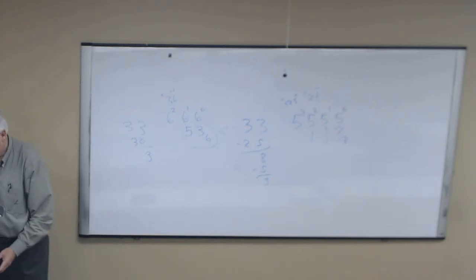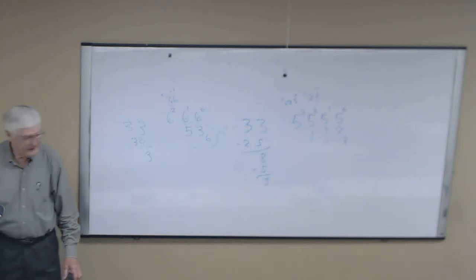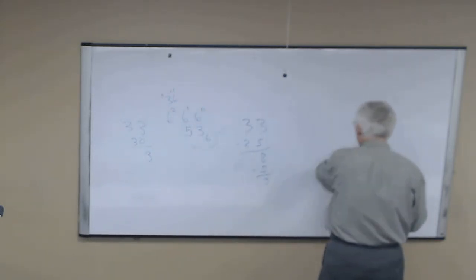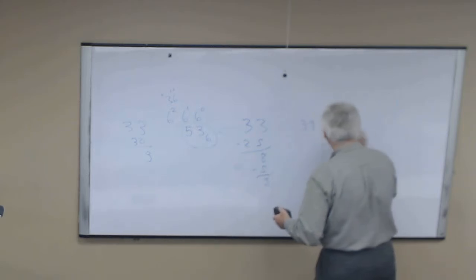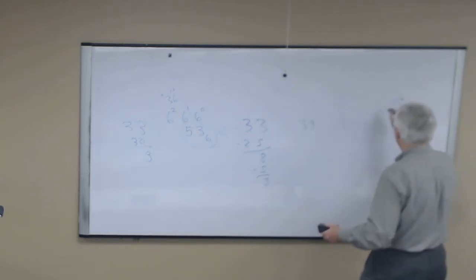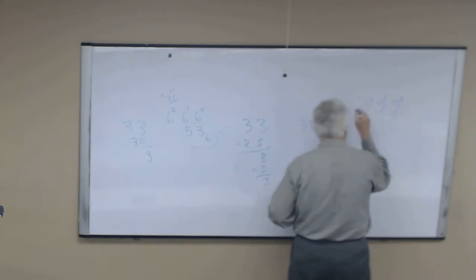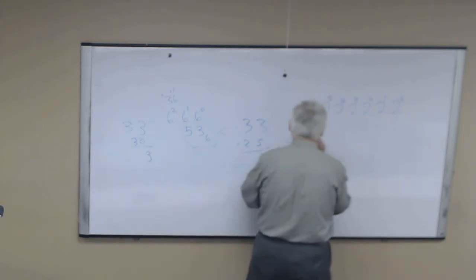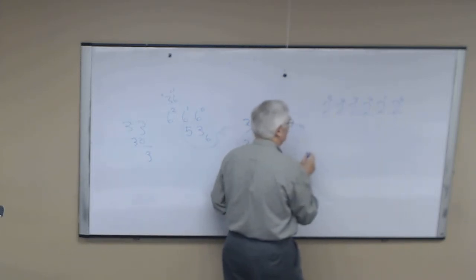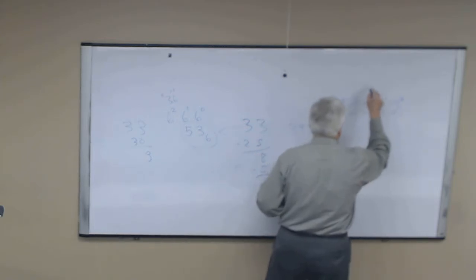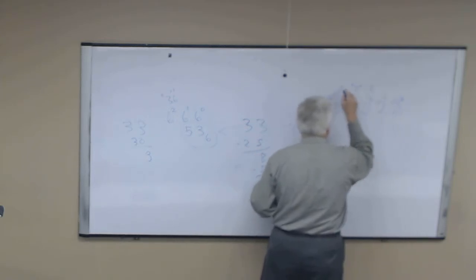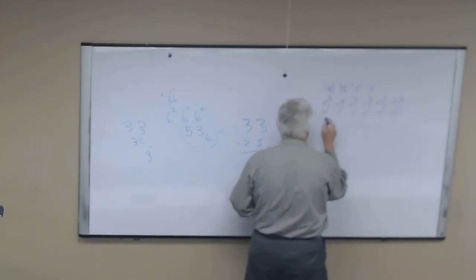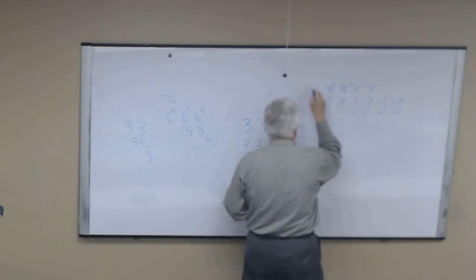Number 16. Convert 39 to binary. So now they want me to take 39, and binary is 2 to the 0, 2 to the 1, 2 squared, 2 to the third, 2 to the fourth, 2 to the fifth. Let's move 39 over here. This is 4s, this is 8s, this is 16s, this is 32s. 2 to the 6th would be 64s.